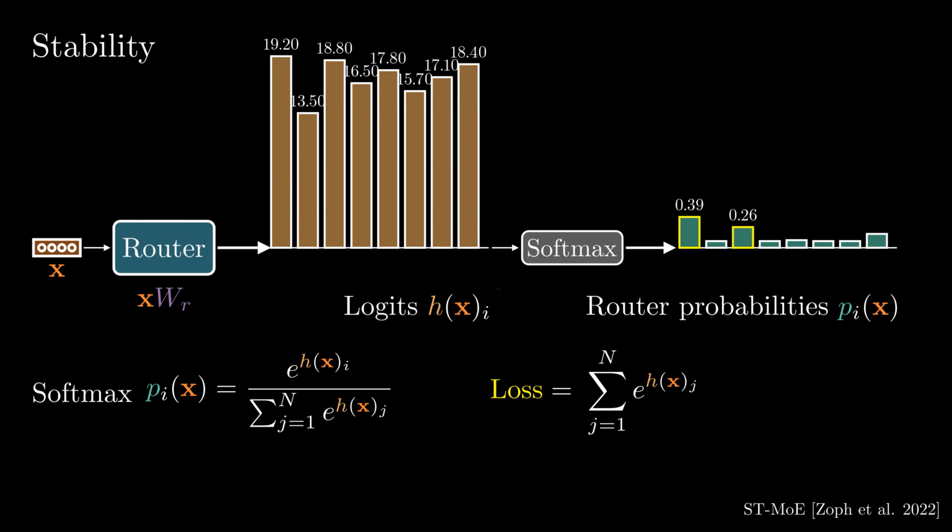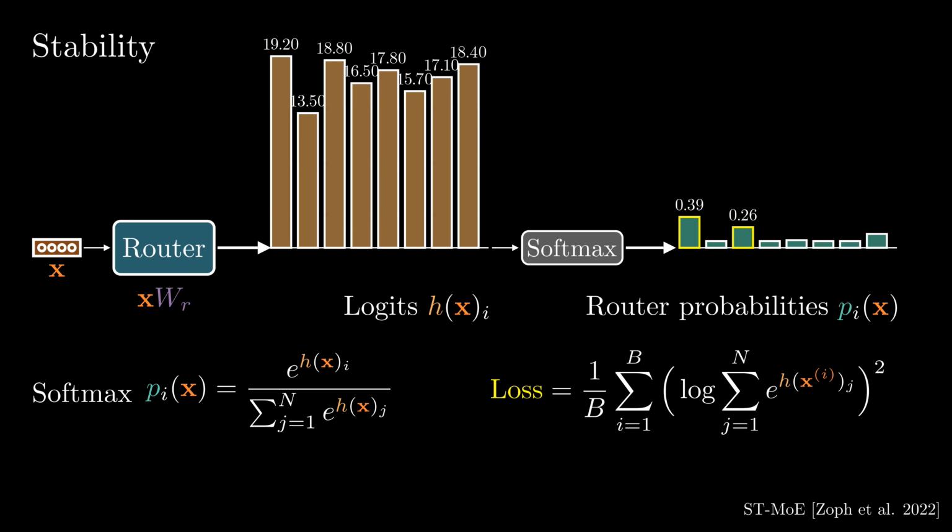Therefore, we take the logarithm of this normalization term. This helps penalize the unnecessary constant shifts and keeps logits in a numerically safe range. We square the log normalizer to penalize both positive and negative shifts and average them across the batch. This is known as the router z-loss.